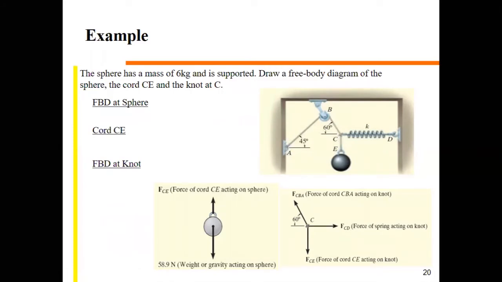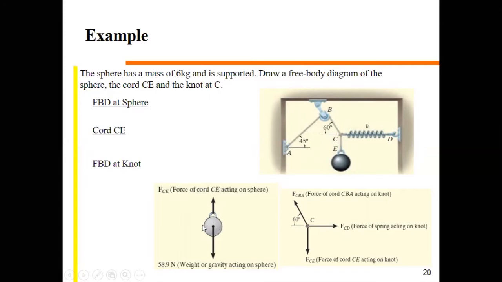If we are asked to draw the free body diagram of the cord CE and the full system, how will it be? First, we have to draw the sphere with the knob.